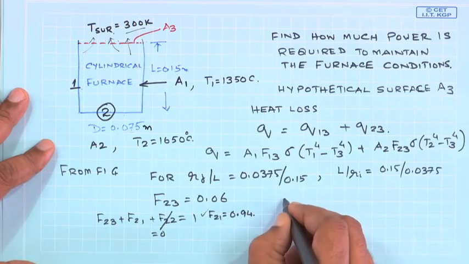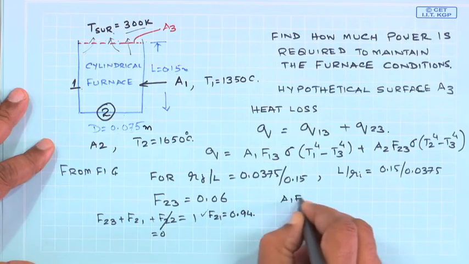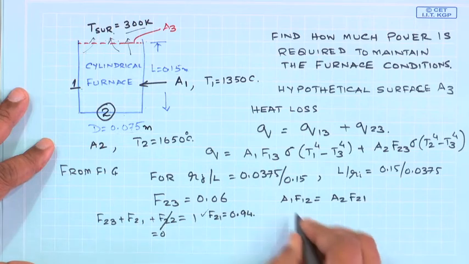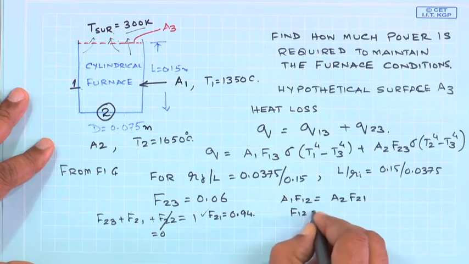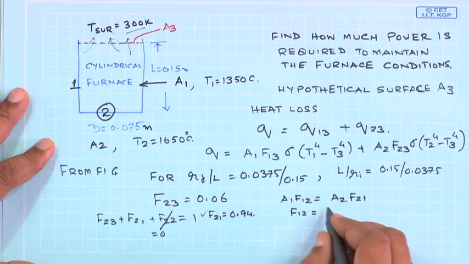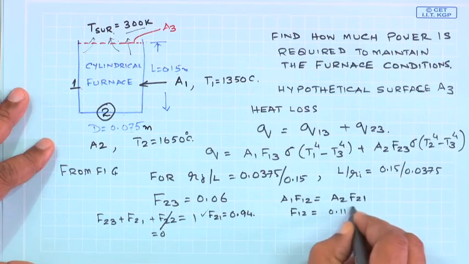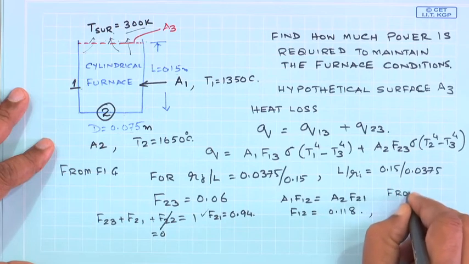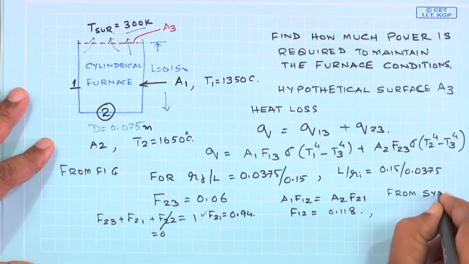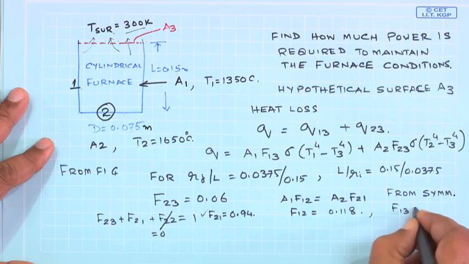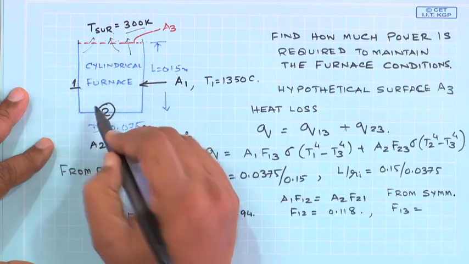Now, from reciprocity relation, A1 F12 is equal to A2 F21. So, therefore, F12 can be calculated after you put the values of A1 and A2, to be 0.118. And from symmetry, F13 must be equal to F12.